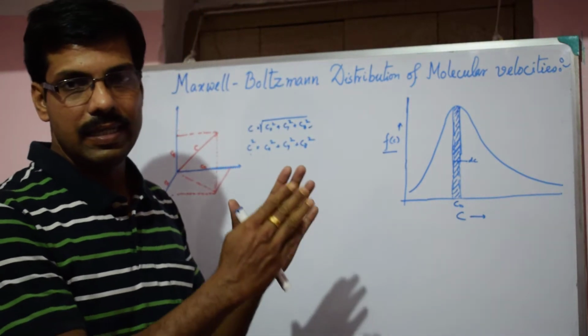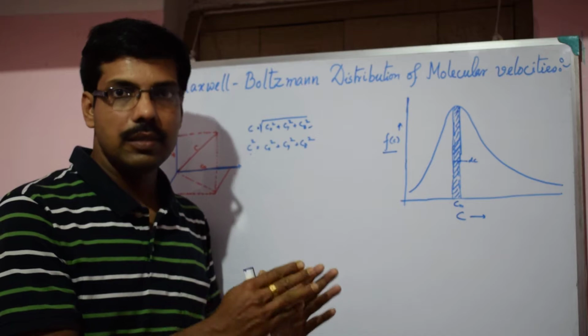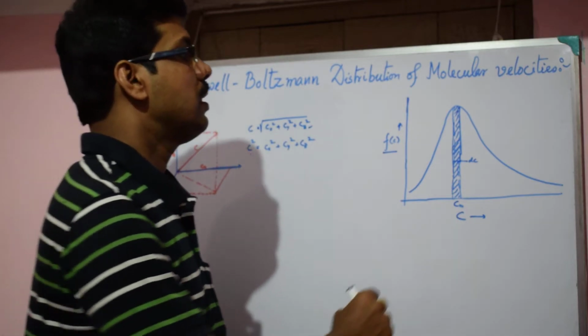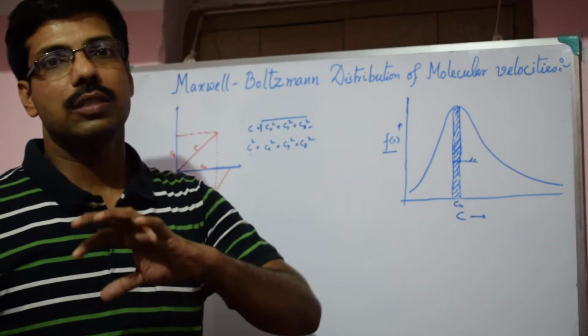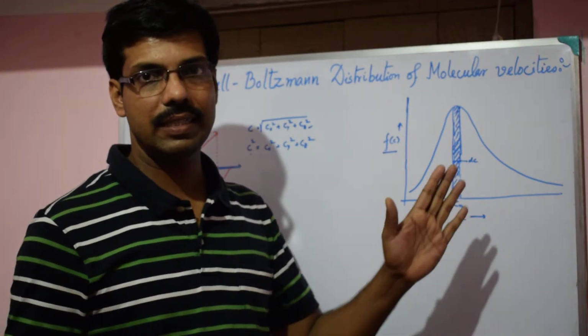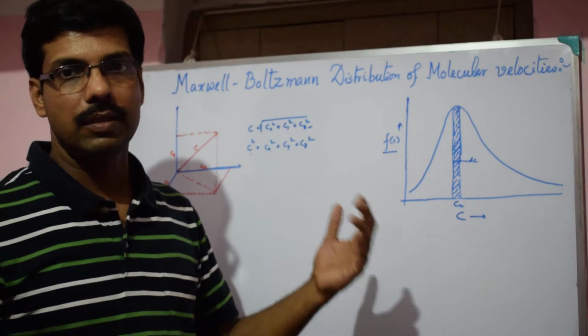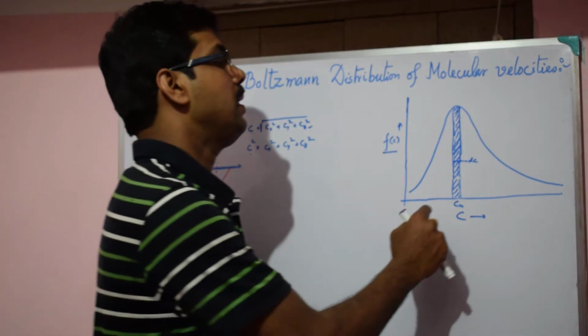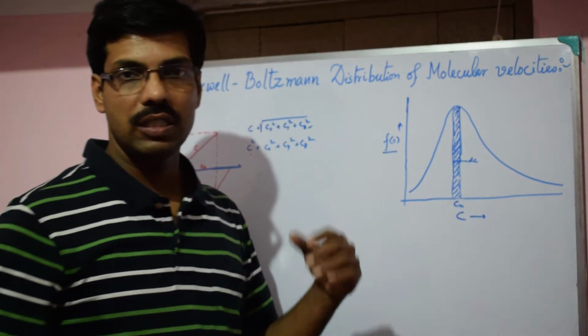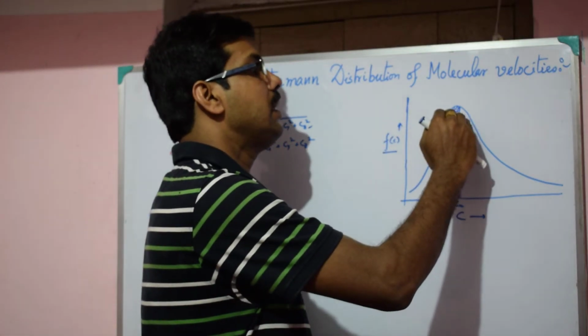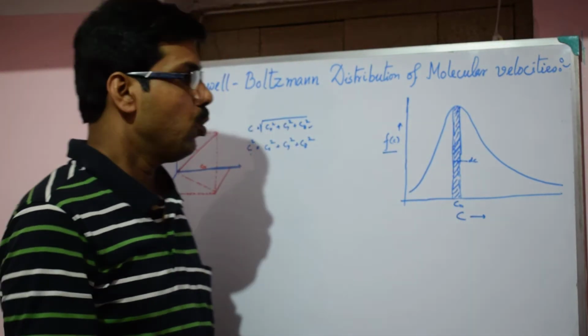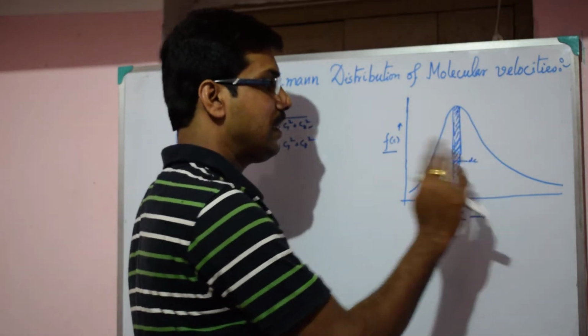But in a moderate, intermediate velocity range, the number of molecules gradually increases, and at a finite velocity, which we call the most probable velocity, the distribution of molecules is quite large and is maximum. So we get a distribution plot like this.